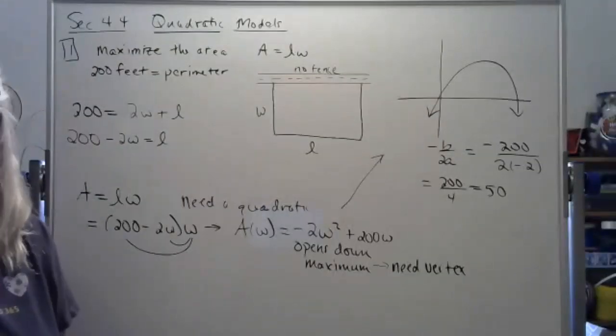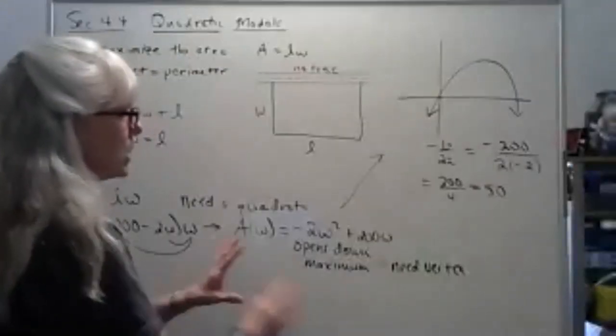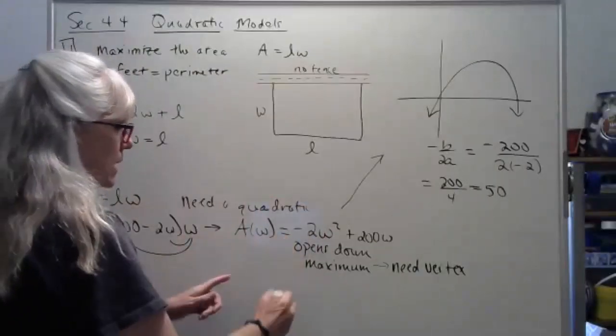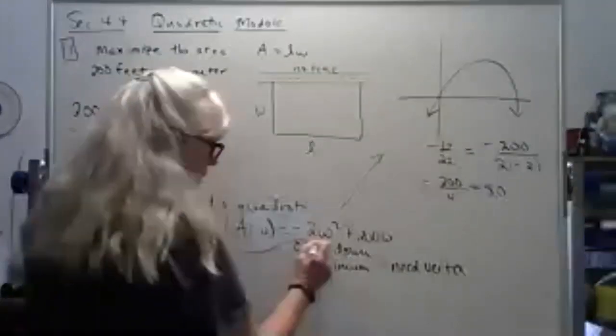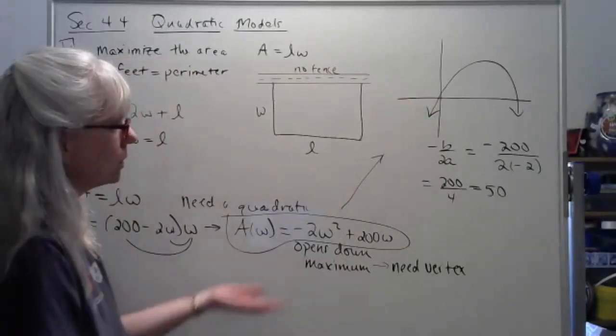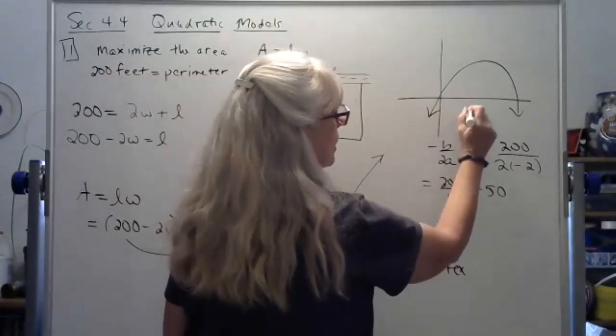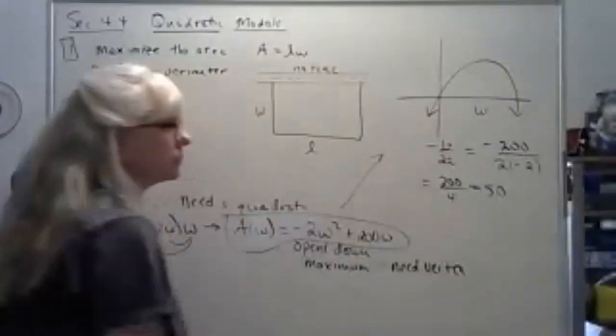So I have a number, but I need to understand what that number represents. What's really important here is to get a handle on what this function is saying. If I come back and think about my picture, the only variable I have on the right-hand side is W, so that tells me that the horizontal axis is our width.